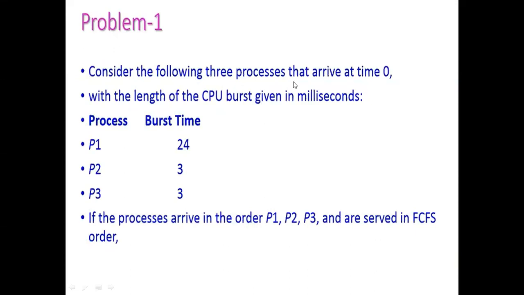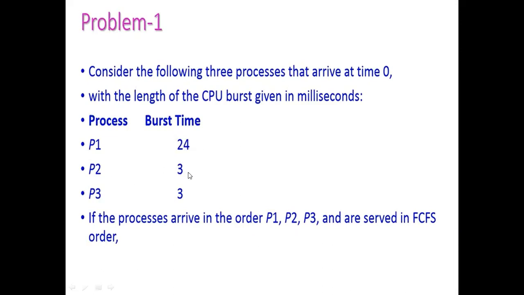Consider that there are 3 processes, P1, P2, and P3, that arrive at time 0. So the arrival time for each process is 0, and the CPU burst time is given in milliseconds. For process P1, the CPU burst time is 24 milliseconds.